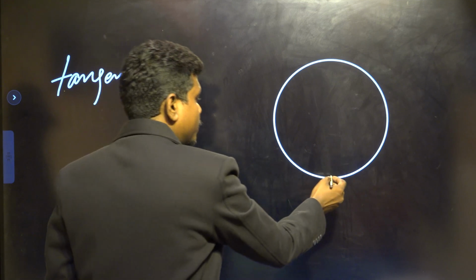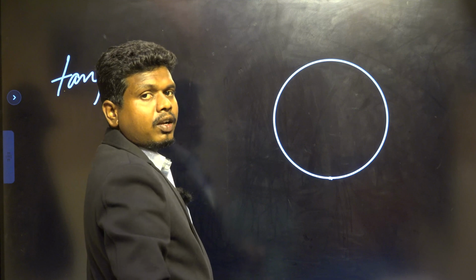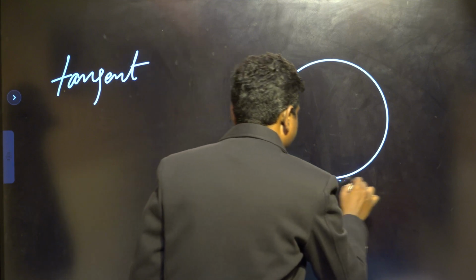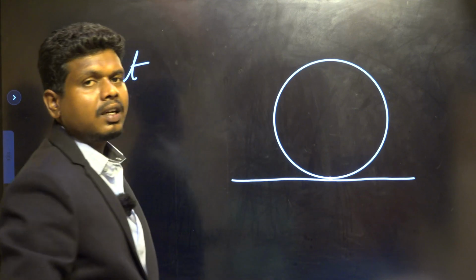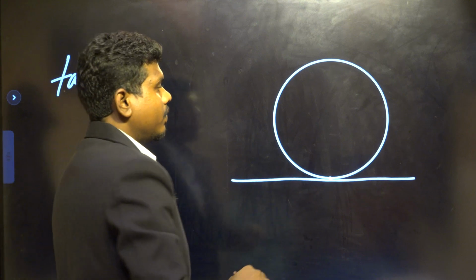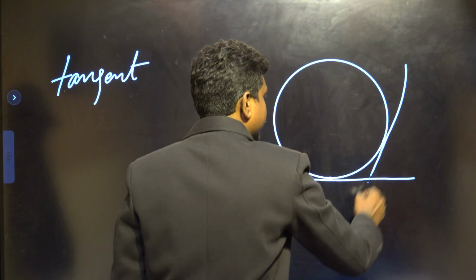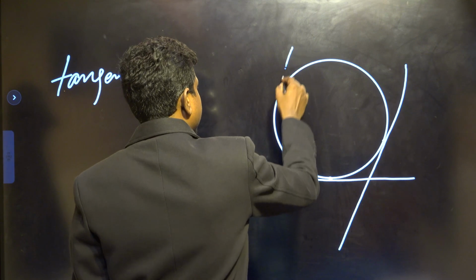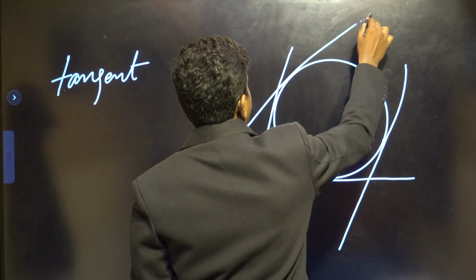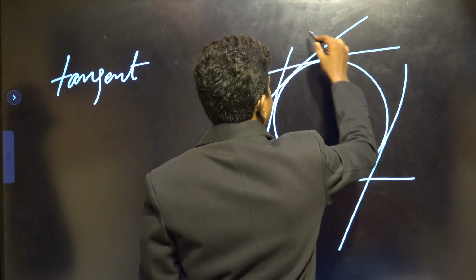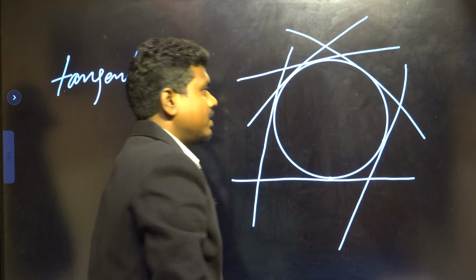Now I'm going to consider this point, and on this point I'm going to draw a tangent, which means it touches the circle only at that point. If I consider this point, here also I can draw a tangent. Likewise, at each and every point of the circle, I can draw tangents.